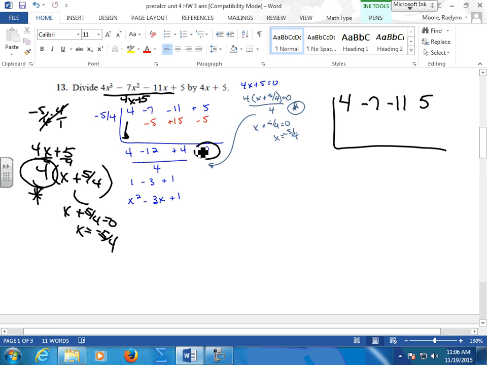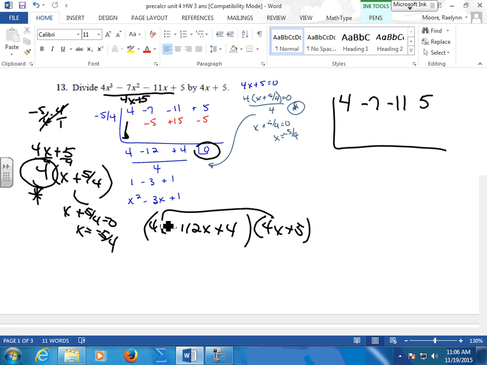Now, at this point, if I said this is 4x squared minus 12x plus 4, and I was going to multiply this by 4x plus 5, does that make sense? 4x times 4x squared, do I get 4x cubed?